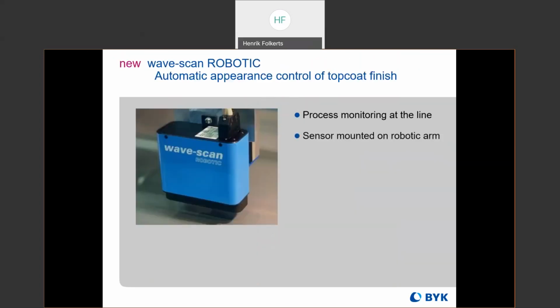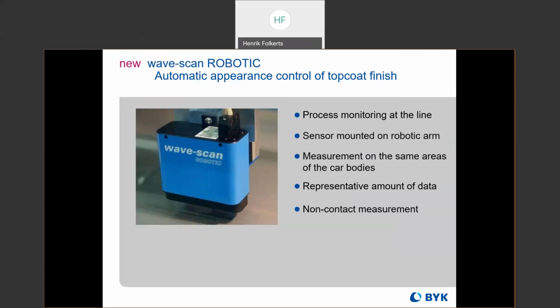We also have a robotic base scan unit for non-contact measurement right on the production line, hands-free. It's all done by robot, very precisely positioned, and you can get good measurements even on a moving line.